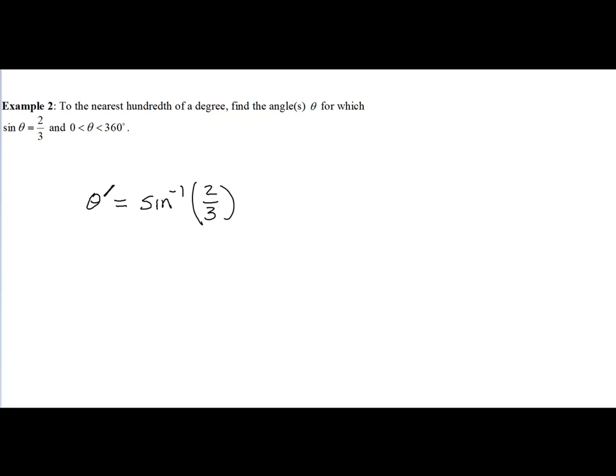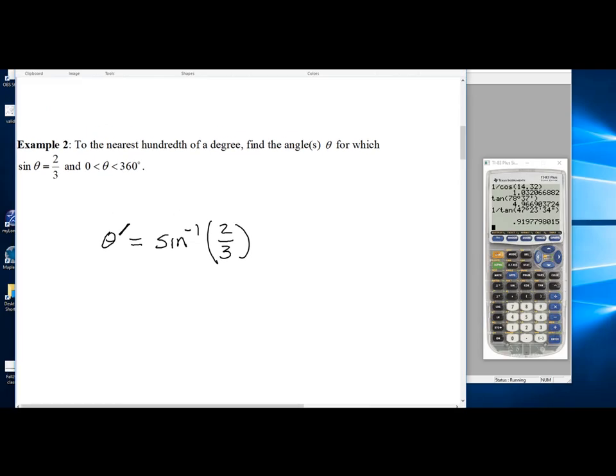So enter in your calculator second sine, which is the sine inverse option, then 2 divided by 3, and that will give you the angle measure, which is the reference angle, rounded to the nearest hundredth of a degree: 41.81 degrees.